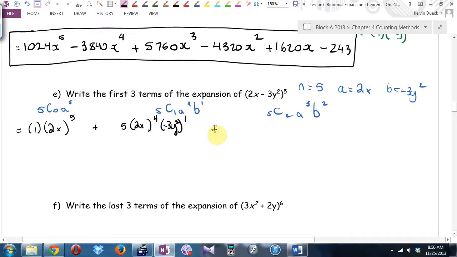Plus 5 choose 2. 10? It's going to be a 2x all cubed and a negative 3y squared all squared. Okay?